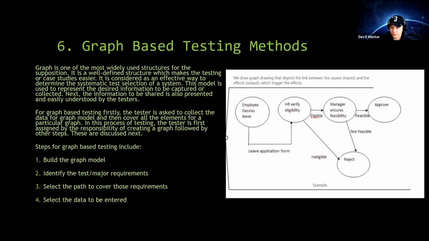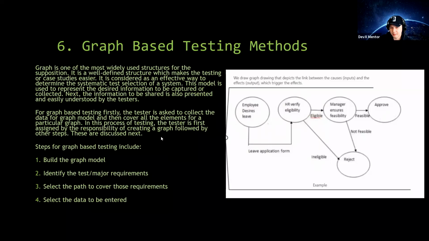Next, the information to be shared is also presented and easily understood by testers. So we're basically drawing graphs of our application and its behavior with different scenarios to better understand the flow and easily test some of the functionalities.